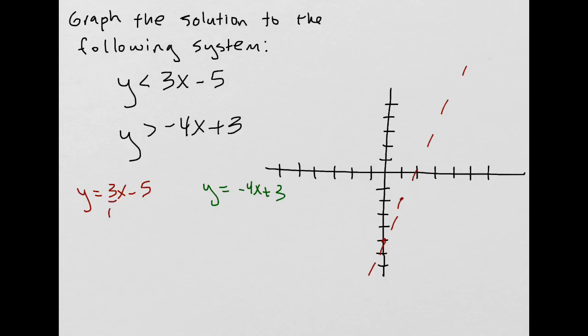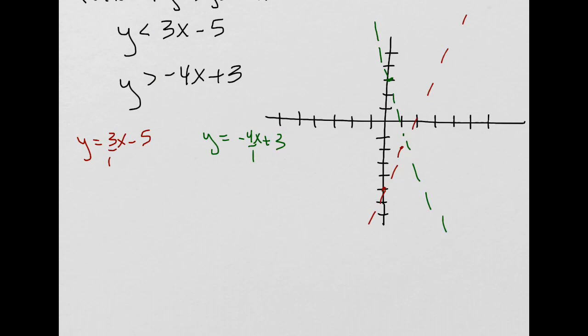The green guy, we've got a y-intercept of 3. And then the slope is telling me to go down 4 and over 1. And then again if I look at the original, notice that it's greater than, not greater than or equal to, so I want to do a dashed line here. And then again, 0, 0 is a point that's not on either line, so I'm going to use that as a test point in each one.